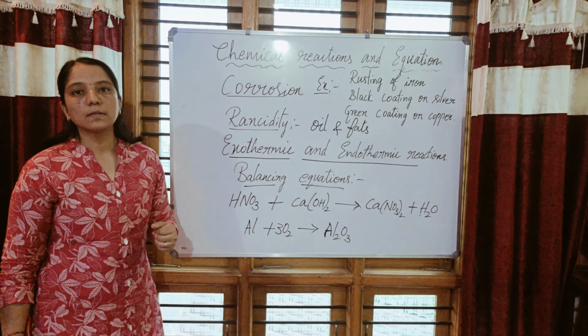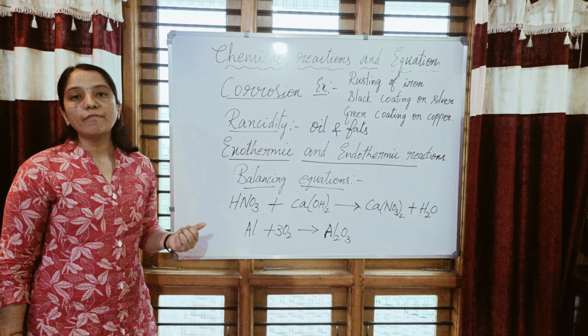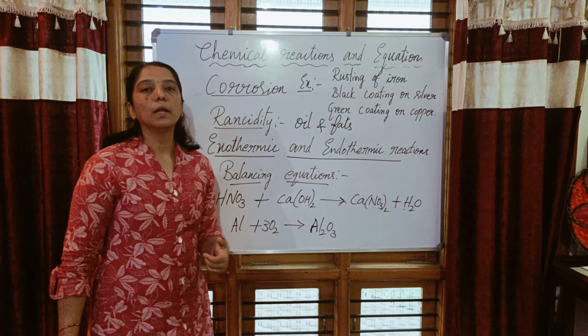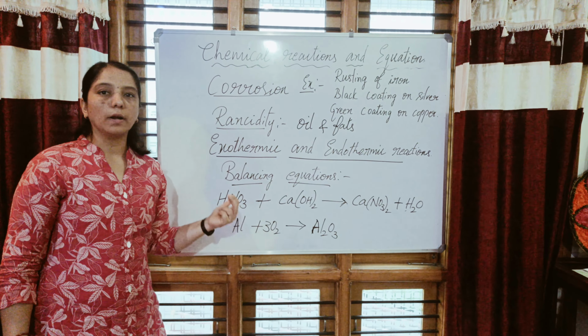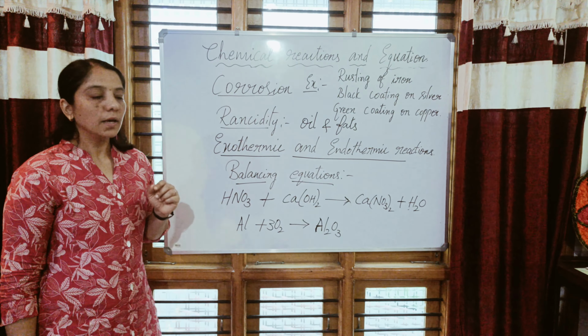Balancing an equation means, according to the law of conservation of mass, the number of atoms on the left hand side must be equal to the number of atoms on the right hand side. That means on both the reactant side and the product side, the number of atoms will be equal.